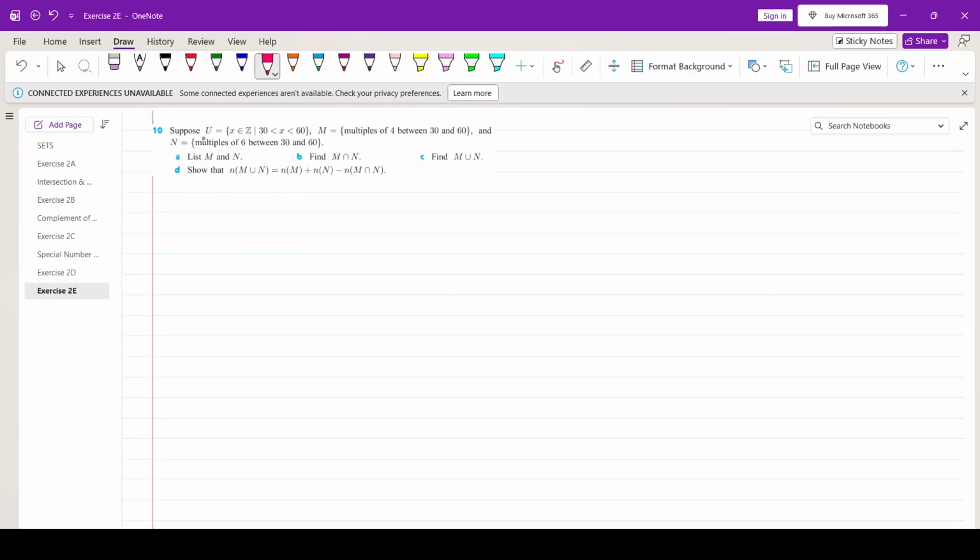Suppose universal set is a set of all integers between 30 and 60. So U is a set containing 31, 32, 33 and so on till 57, 58 and 59.